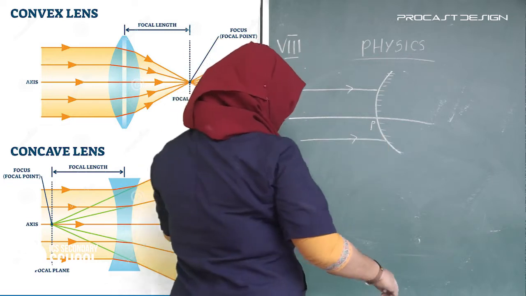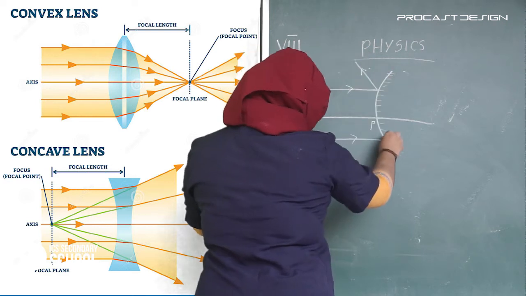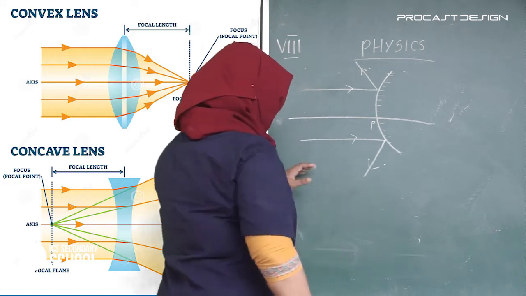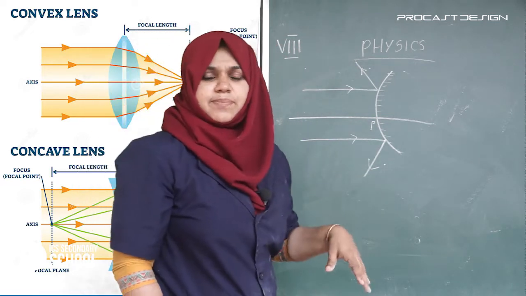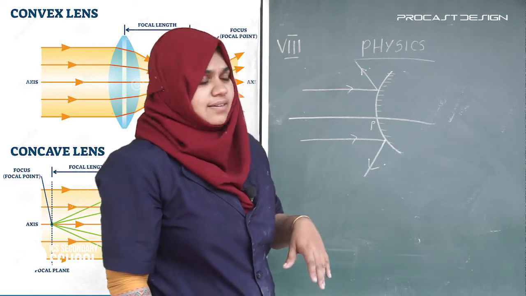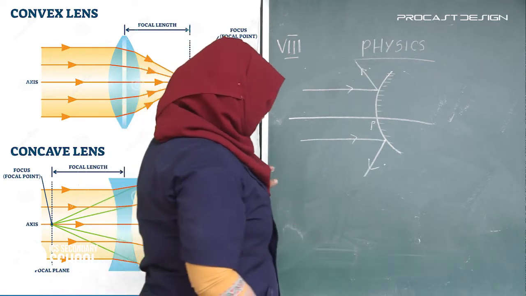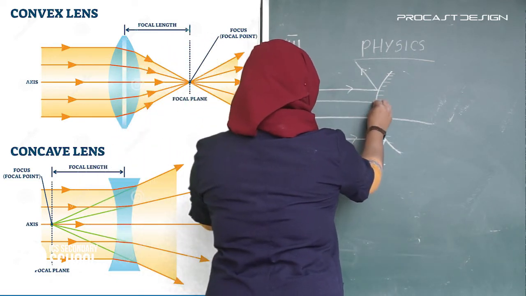No, it diverges. The reflection diverges. The path of rays after reflection diverges. Then how can we get the principal focus of a convex mirror? Really, we cannot get it here. It will get like that. But yes, you can see.